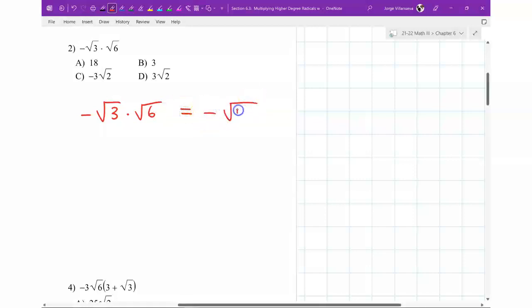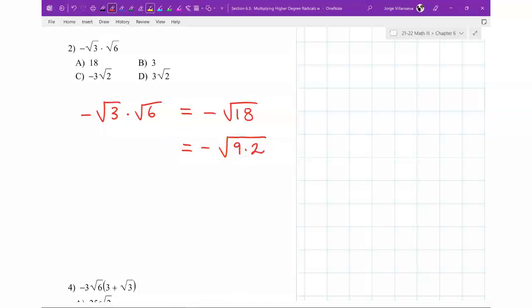That's the square root of 18. Now, can I break up 18 into two numbers, one of which has a square root? Like, what two numbers can I use for 18? 9 and 2. 9 has a nice square root, so I can take it out. That's a negative.